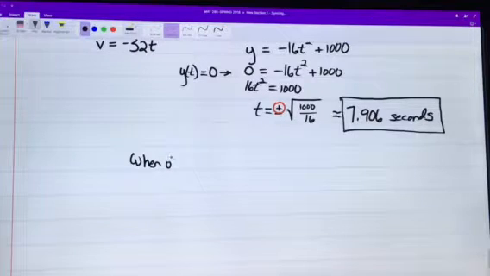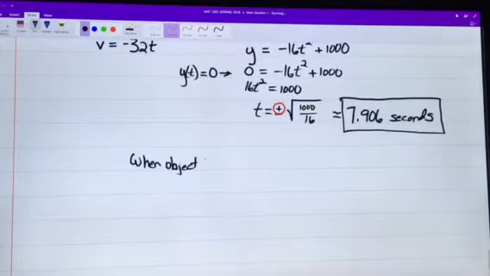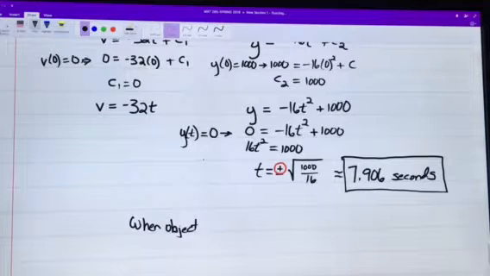Whenever the object strikes the ground, going back to what we had originally for the velocity equation, v is equal to negative 32t.